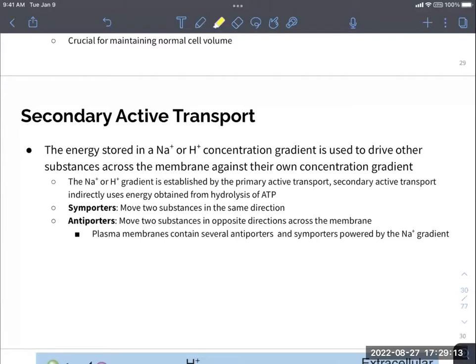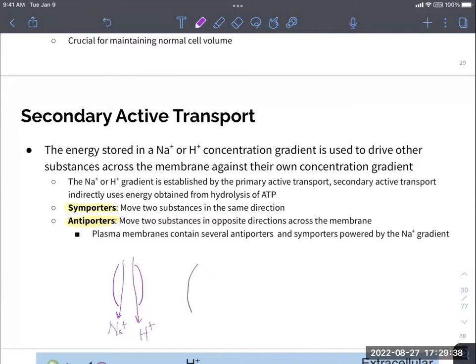With secondary transport, we have two types of transporters that are used: a symporter and an antiporter. Symporters move substances in the same direction. So we could be moving sodium, and we could say be moving hydrogen in the same direction.